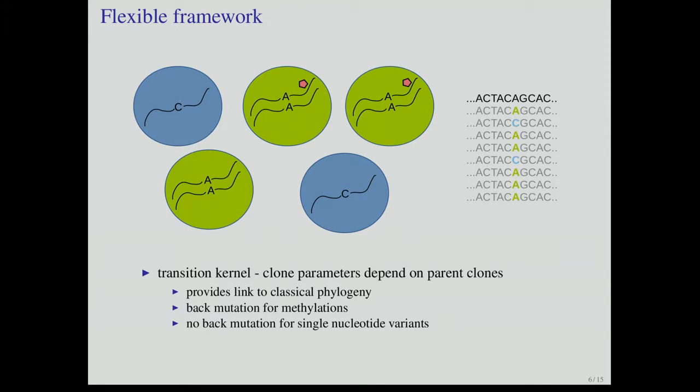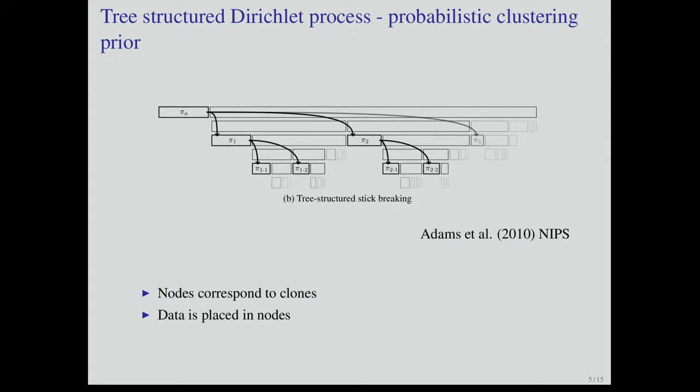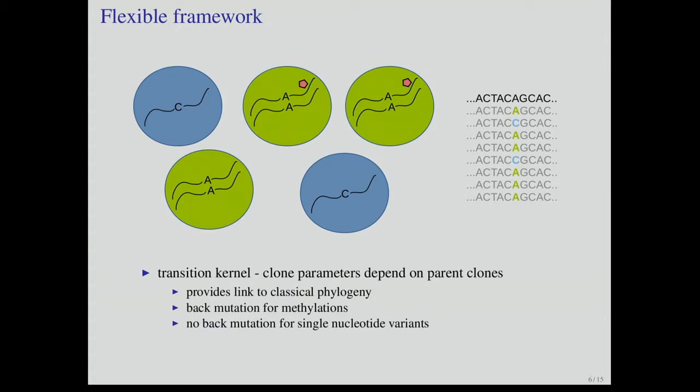This framework is very flexible, and it has incorporated a transition kernel, which basically gives you prior probabilities on parameters of nodes given their parent nodes. And this, for us, provides a link to classical phylogeny or to other prior knowledge that we have of the data.